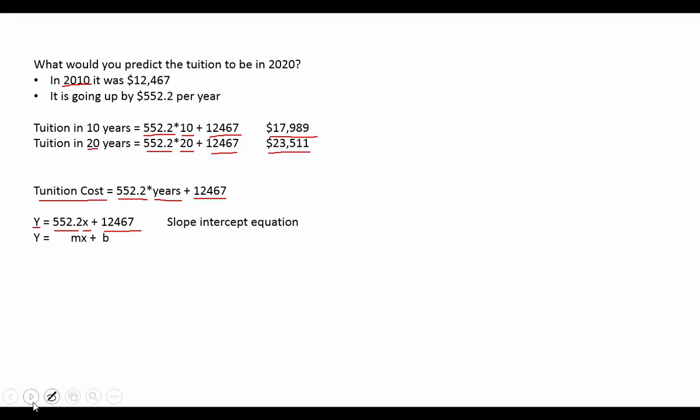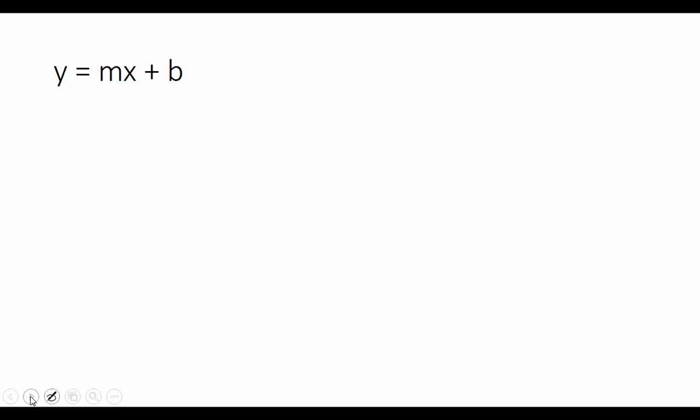So to summarize the information that you're going to see, this is always going to be of the format y equals my slope, which you typically will see the letter m represent, times x, plus my starting point, which will be called b. That is the slope-intercept equation. Let's get into a little bit more detail about the slope and that other letter b.